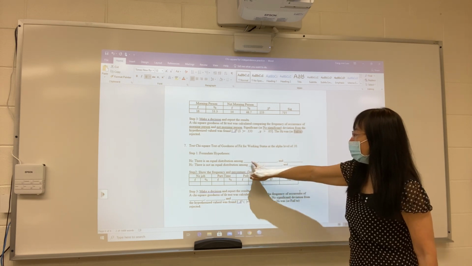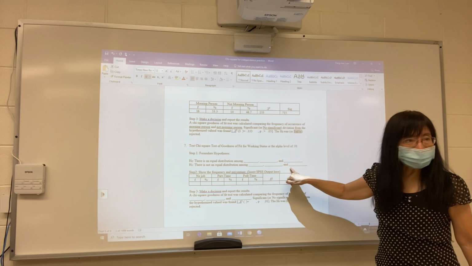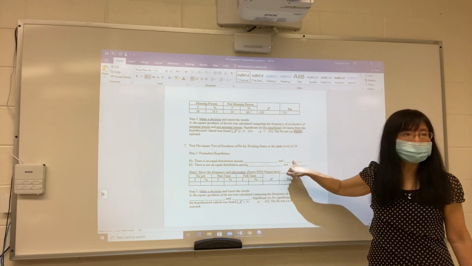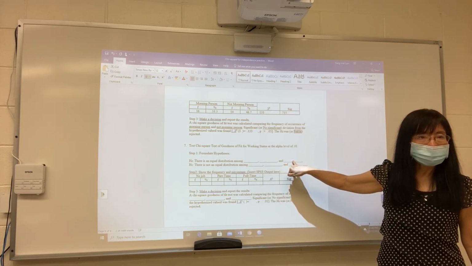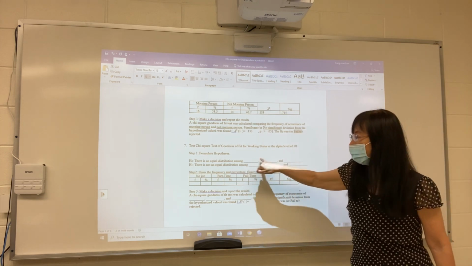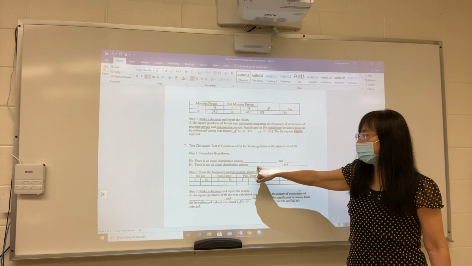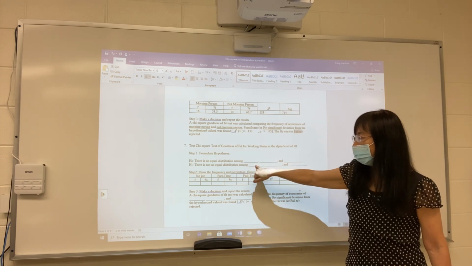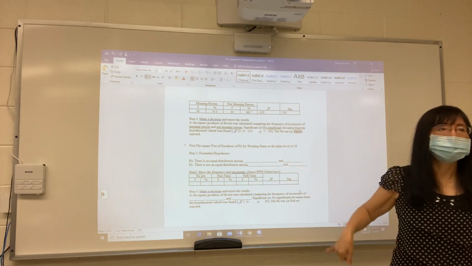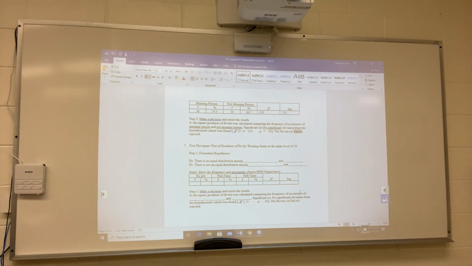Among the 3 working statuses, no job, part-time, and full-time, you need a list of them. There's not equal distribution among no job, full-time, and part-time. And then you have to go to frequency, get their percentage, and then go to chi-square.